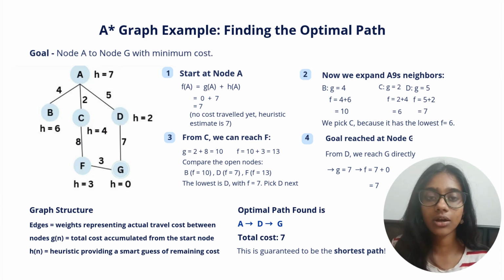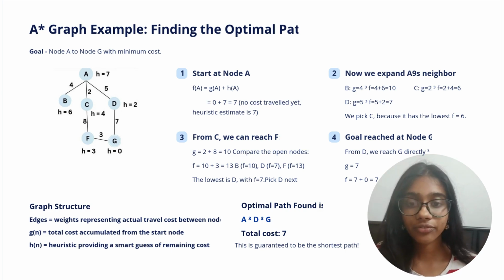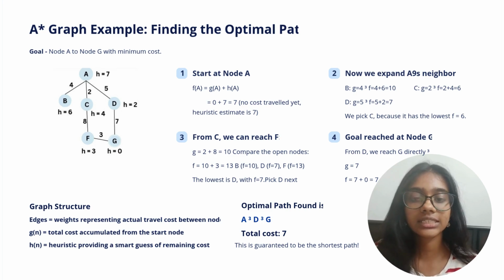So first we'll see about B. g of B is equal to 4 here, and f of B is equal to 4 plus 6, which is 10. And next we'll go with C. g of C is 2, and then f of C is 2 plus 4, which is 6. And then next we'll go with D. g of D is 5, and f of D is 5 plus 2, which is 7.